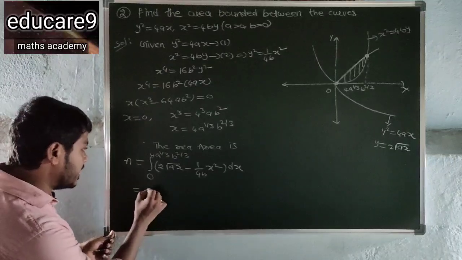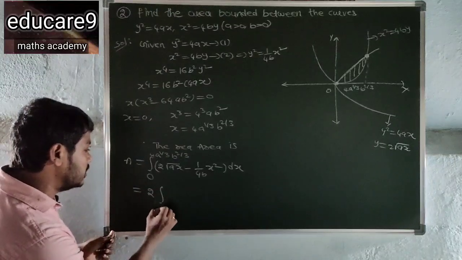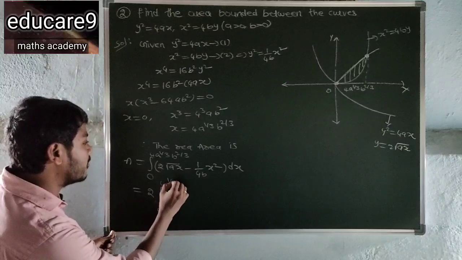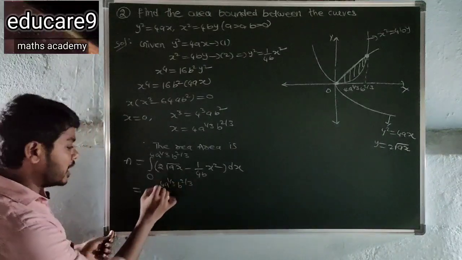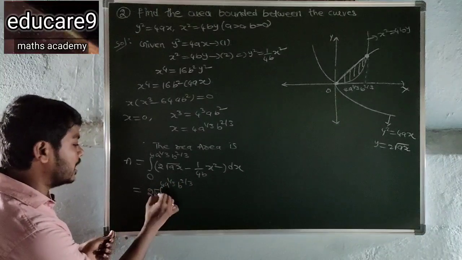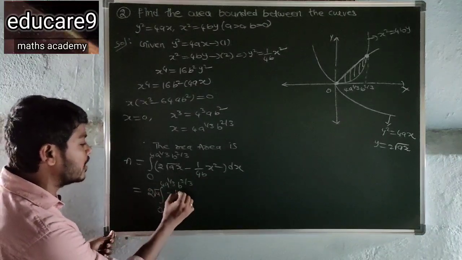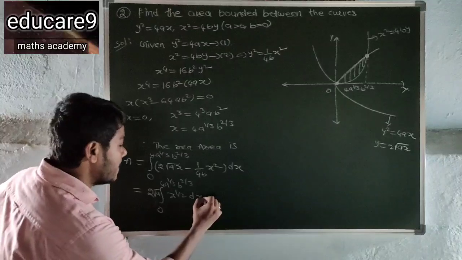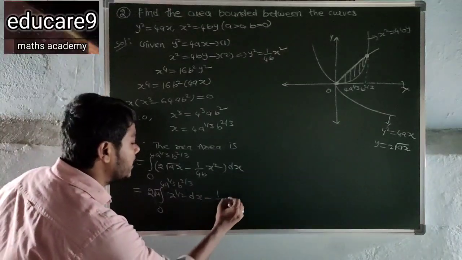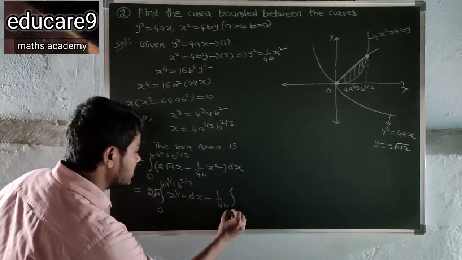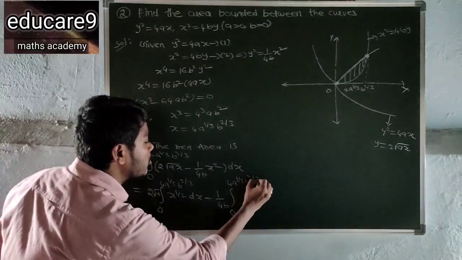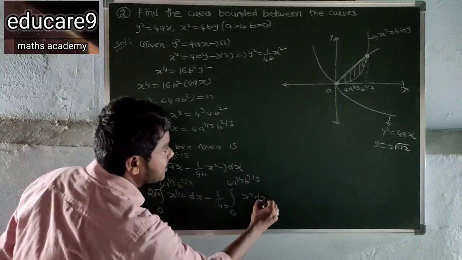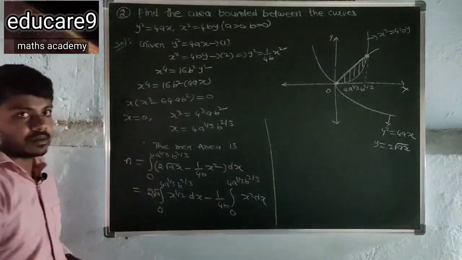Separate the integration, you will get 2 root a, integral 0 to 4a power 1 by 3 b power 2 by 3, with root x written as x to the power of 1 by 2 dx, minus 1 by 4b into integration of 0 to 4a power 1 by 3 b power 2 by 3 x square dx. Okay.